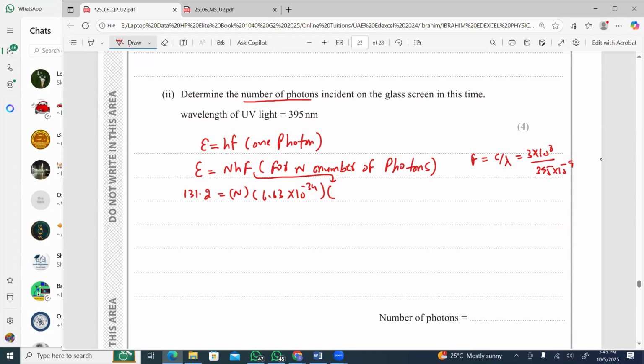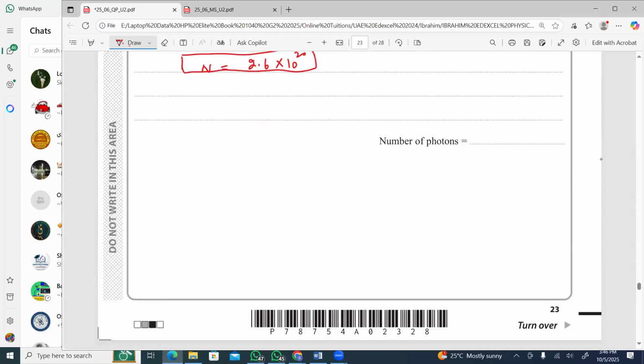So we just put it in here, and when you calculate, the answer is going to be 2.6 times 10 to the power 20. So this number of photons will be arriving on the screen. It means about 260 billion billion photons will fall on that screen. Oh my God, it's a huge number.